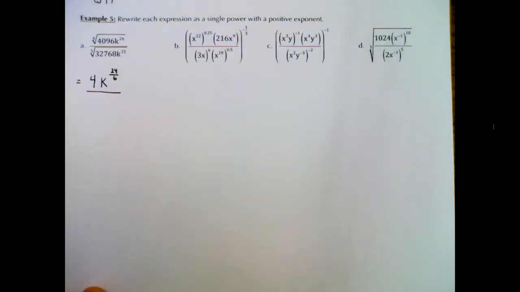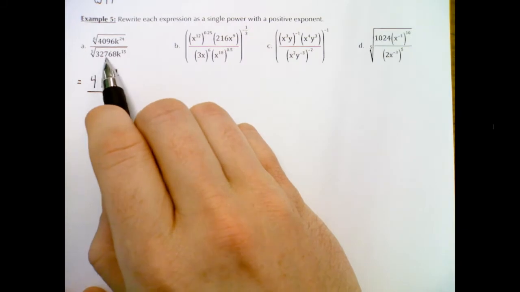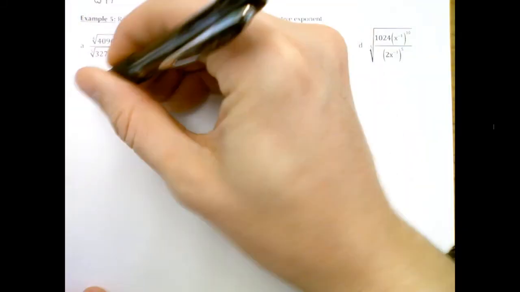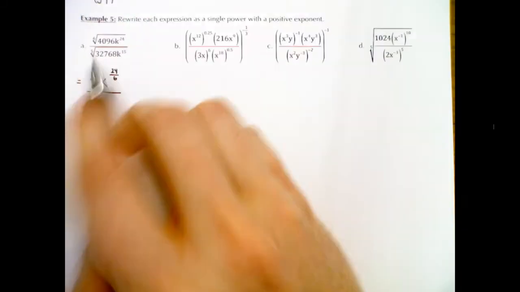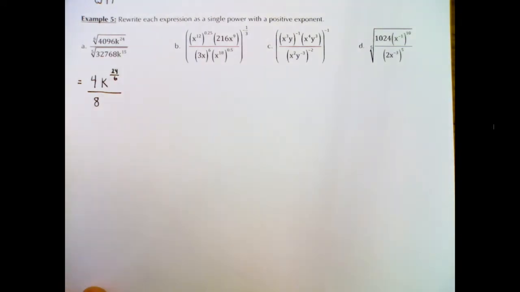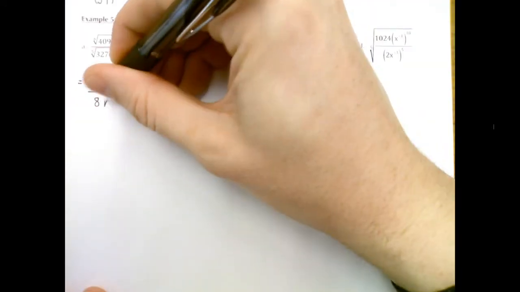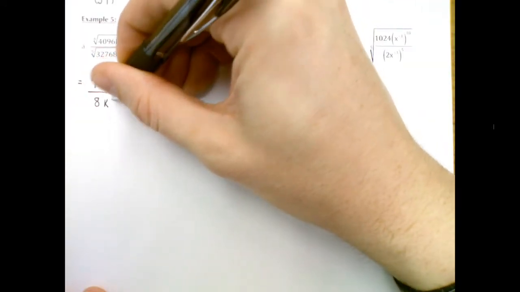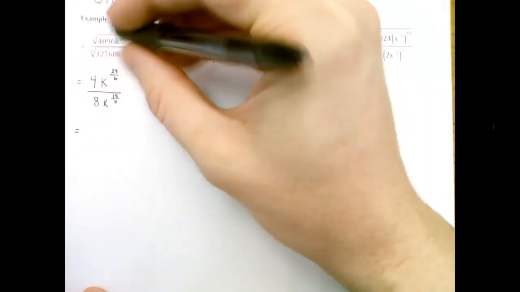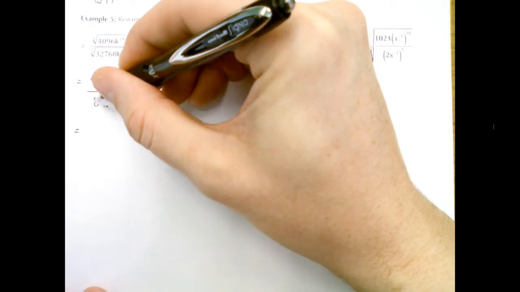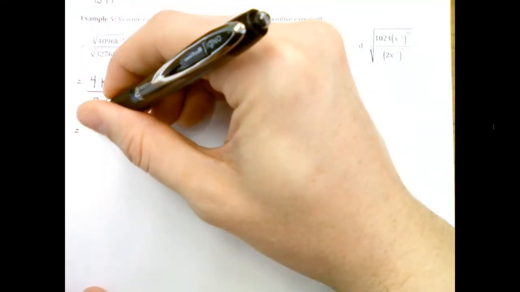In our denominator here, the fifth root of 32,768 is, of course, 8. And the fifth root of k to the exponent 15 would be k to the exponent 15 over 5, because it's the fifth root. 4 divided by 8 is something we can simplify. It becomes 1 over 2.